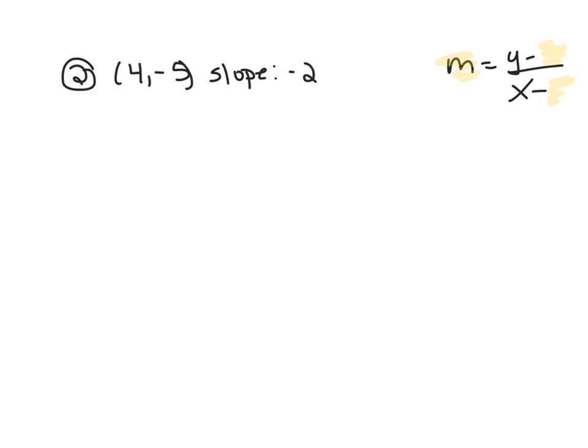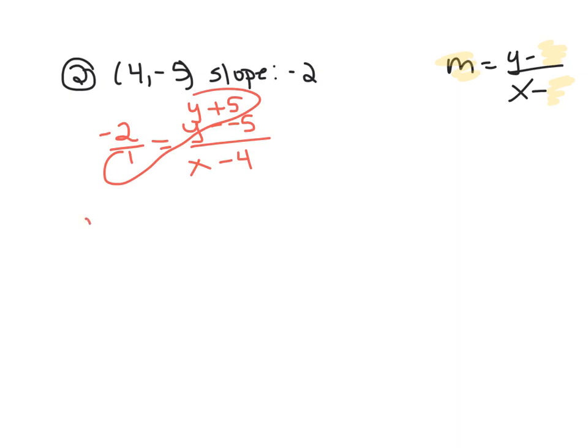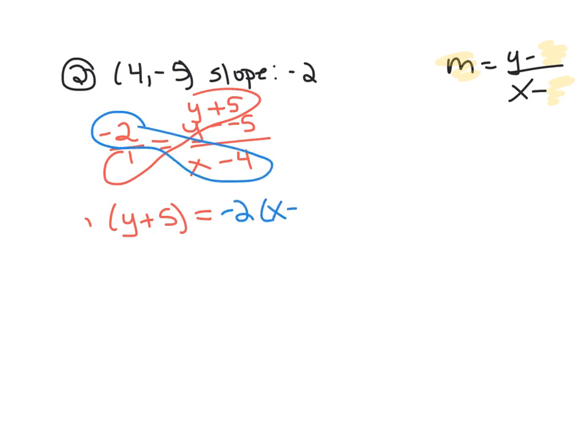Ready? Slope, -2 over 1 equals y minus -5 over x minus 4. Now, I would change this right away to y plus 5. Make your life easier. All right, cross multiply. 1 times y plus 5 equals -2 times x minus 4.